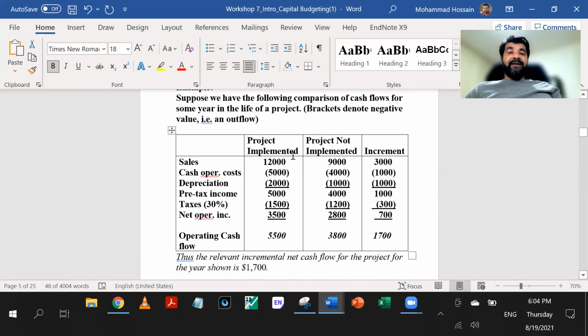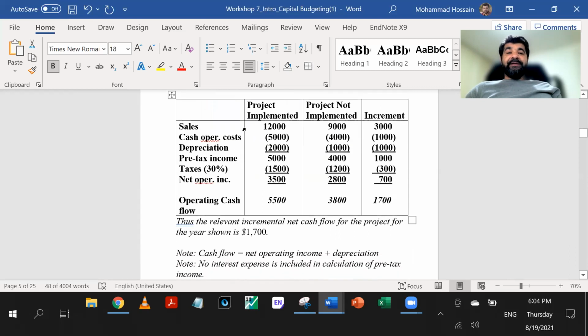So if you have a project implemented and a project not implemented, you take the project and you do not take it. What will be our increment? If you take the project, this is the situation you have.